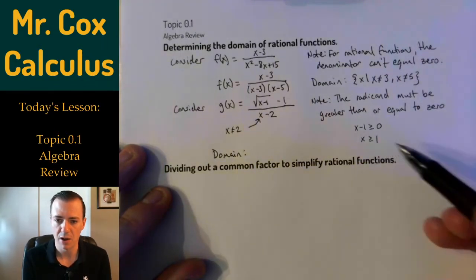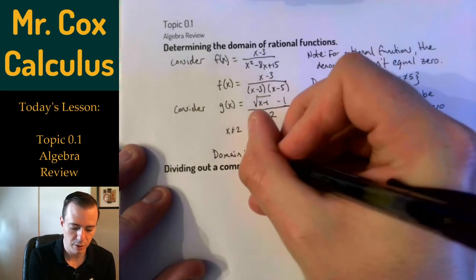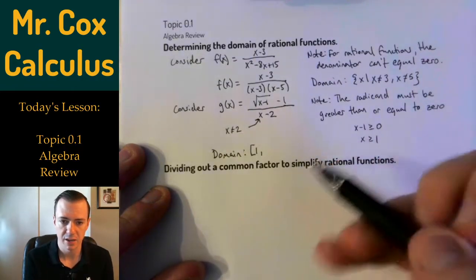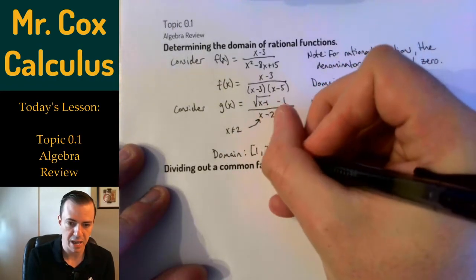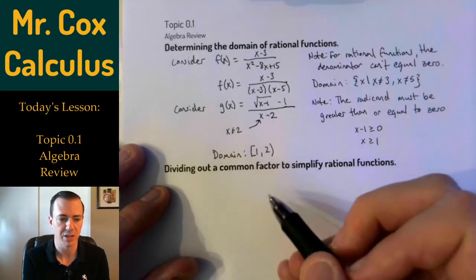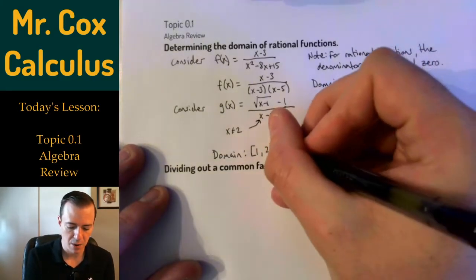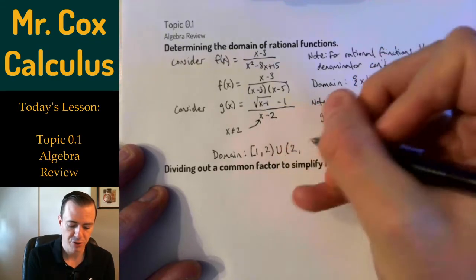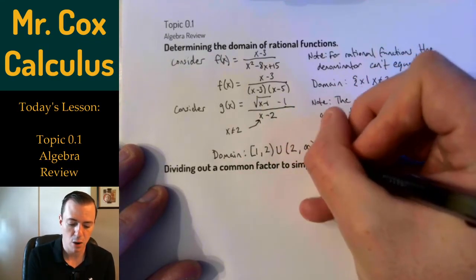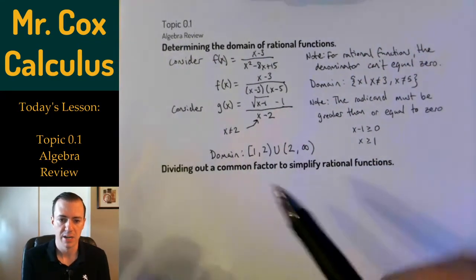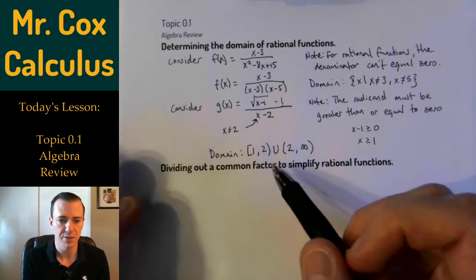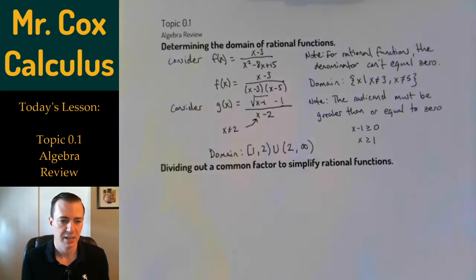I need to start off with 1 included, and then I can go up to 2, which needs to be excluded from the domain, so make sure you keep your brackets and parentheses correct. And then I will union that with 2, and then it can go up to infinity. And so that tells everybody 1's included in the domain, 2 is excluded, and that anything larger than 1, as long as it's not 2, is part of the domain.